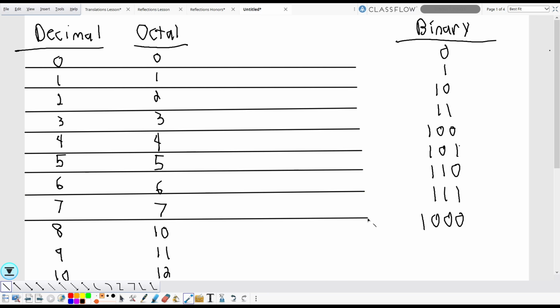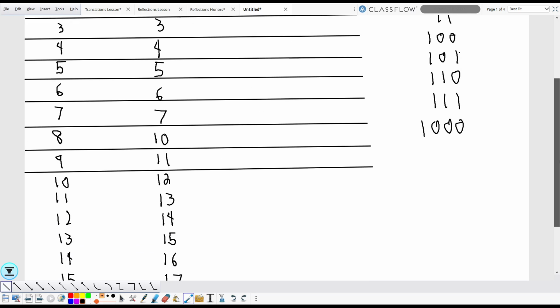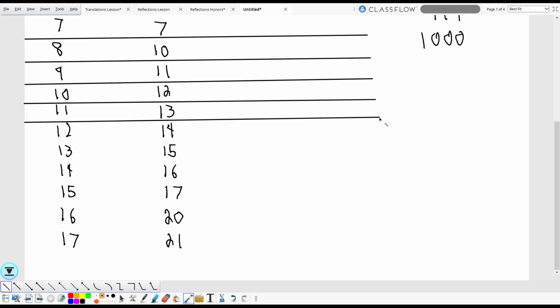These number systems we've been dealing with have all been below base 10. So what happens when we have a number system that, in hexadecimal's case, is above 10? It's base 16. What do you do in that circumstance?